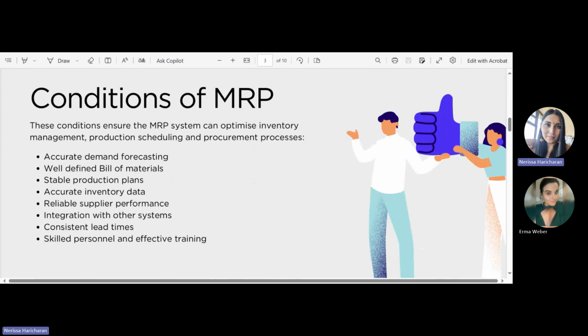If there are frequent changes, or sudden shifts in your product demand or the design, etc., your MRP is going to struggle to keep up with the changes, which can lead to a lot of inefficiencies in your business. So make sure that you have a stable production plan, just so that you can maneuver your manufacturing process. If there are a lot of frequent changes, then we're going to have a bit of a problem with your MRP system.